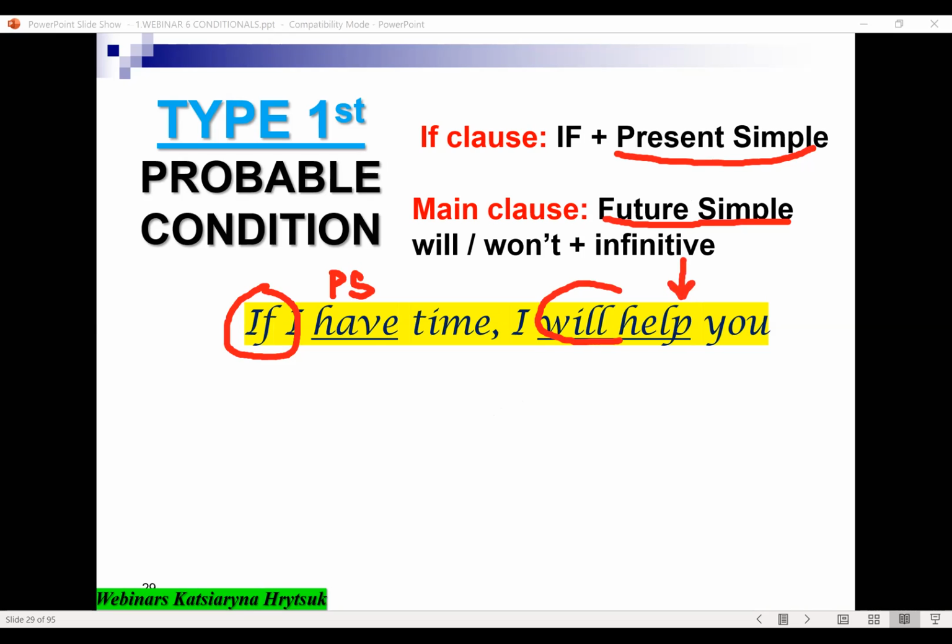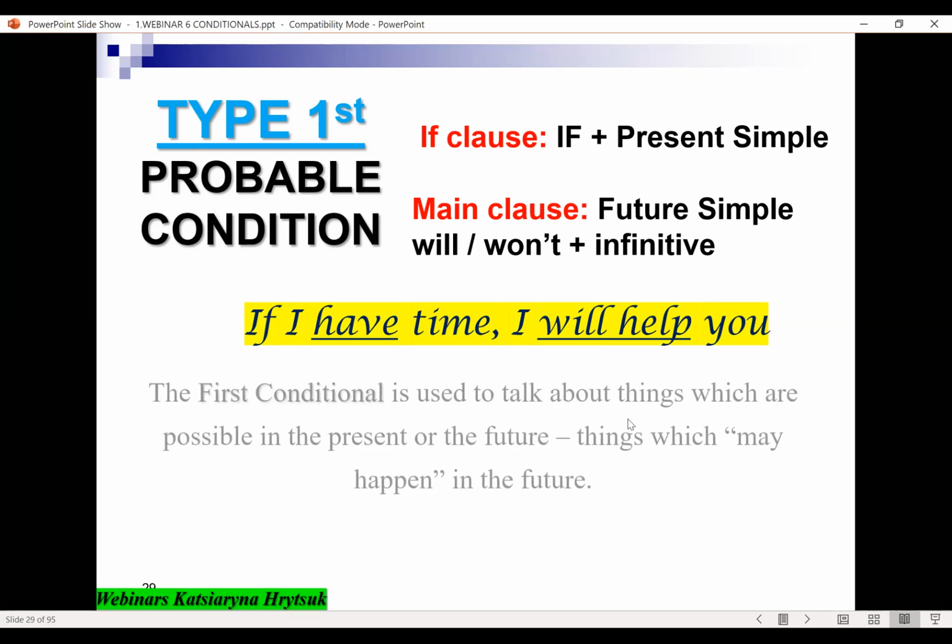So I can move next. I want to erase this. When you make some notes, because you will need to remember. Okay, so continue please. Here we have the first conditional is used to talk about things which are possible in the present or in the future.